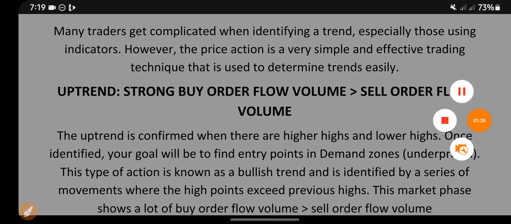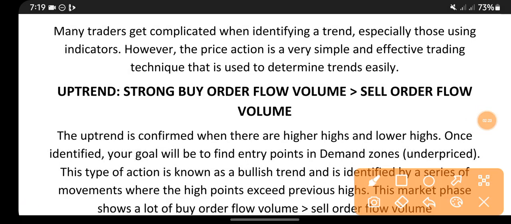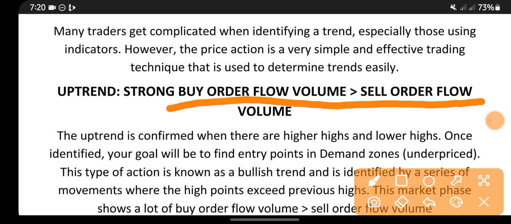And when we say an uptrend, what you have to understand is that an uptrend is when the buy order flow volume is greater than the sell order flow volume. The amount of volume of the buyers is larger than the amount of volume of the sellers.